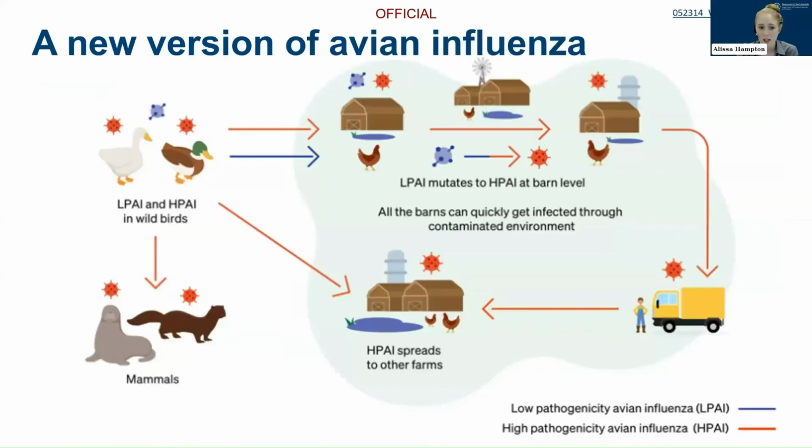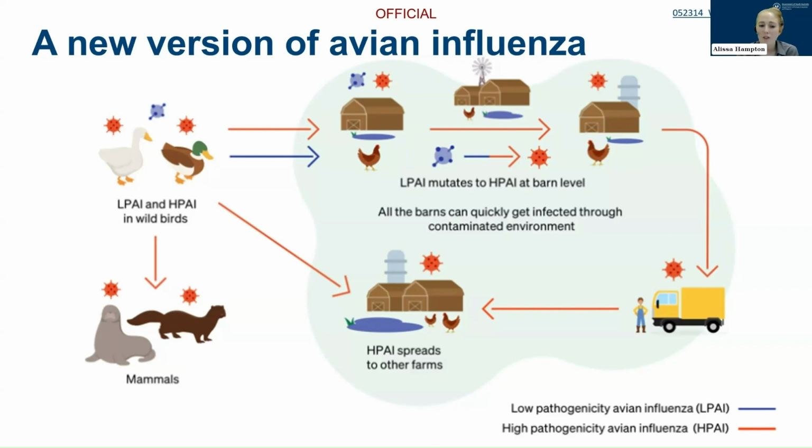Next slide. So let's jump back to that previous pathway and have a look at it with these changes. Whilst we still have the original pathway where the low path virus spills over to poultry, then converts and is spread onwards, overseas they are also seeing HPAI in wild birds, which can spill over directly from them to poultry.